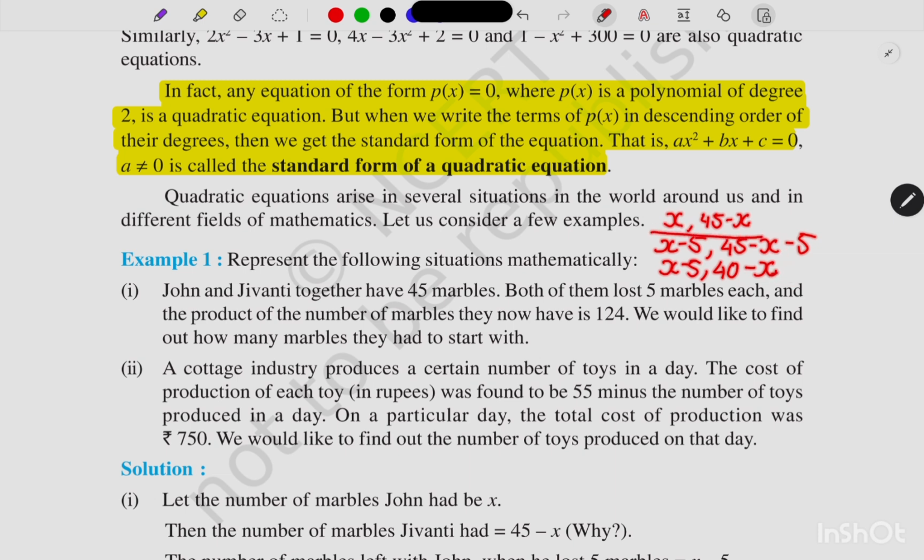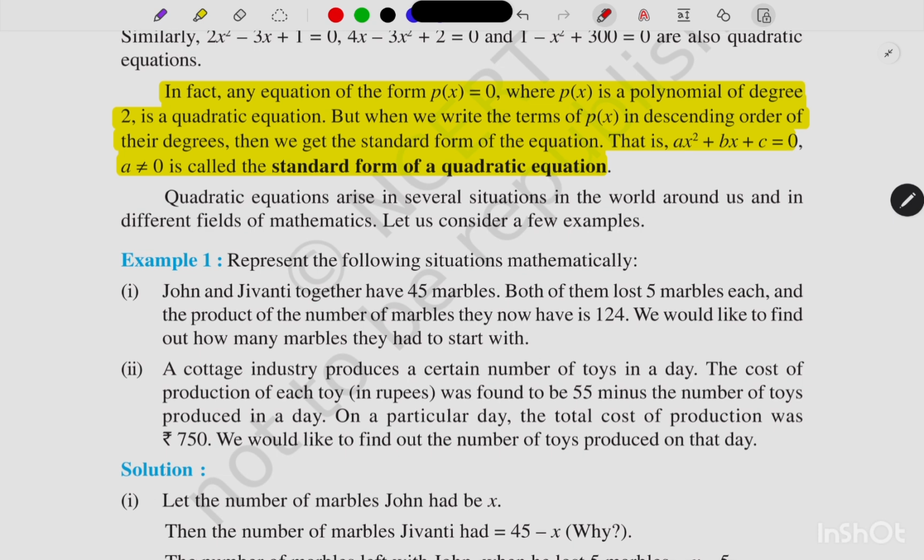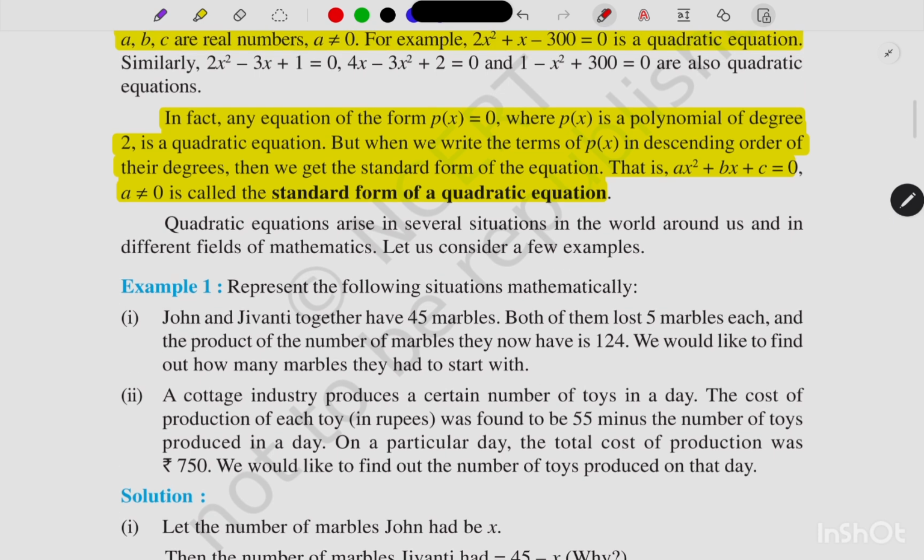Got it? Now in this case, the product of the number of marbles they have right now is 124. That is x minus 5 multiplied by 40 minus x is 124, as they give it.